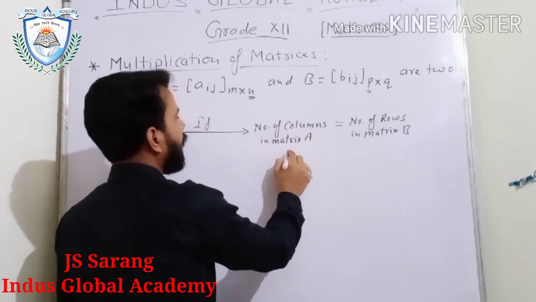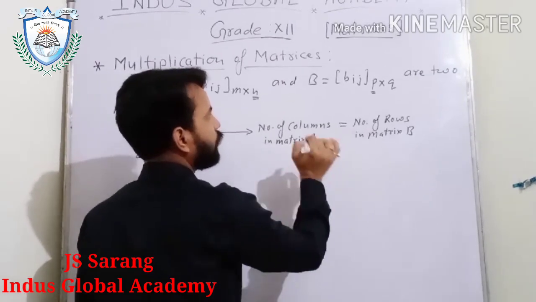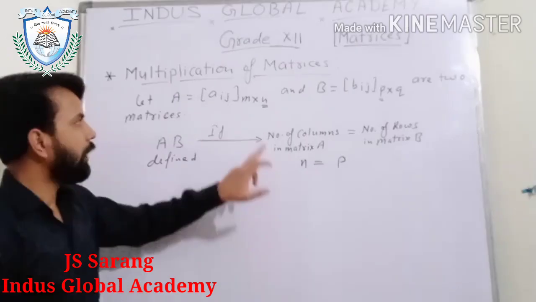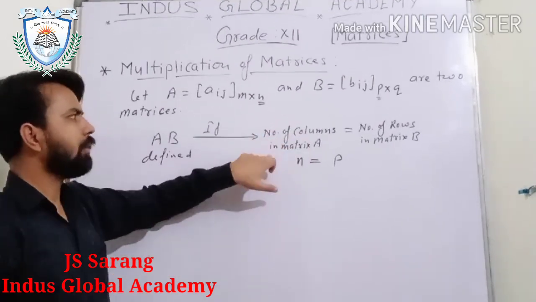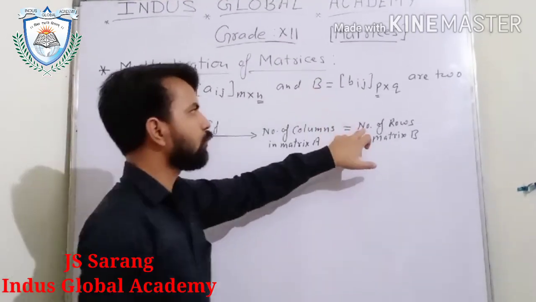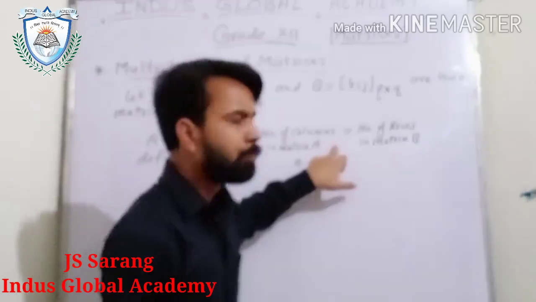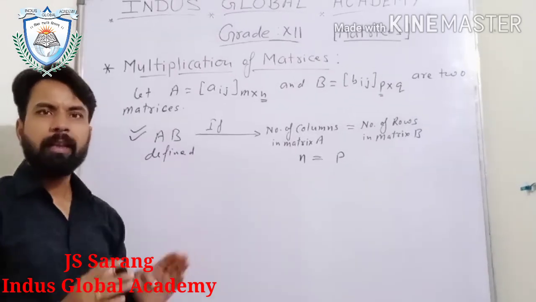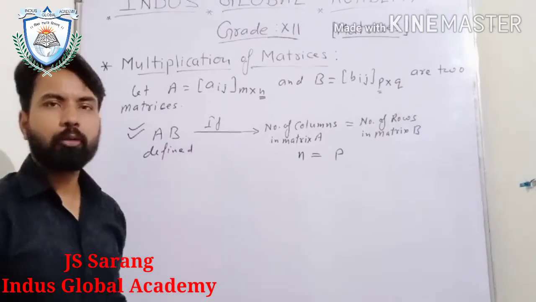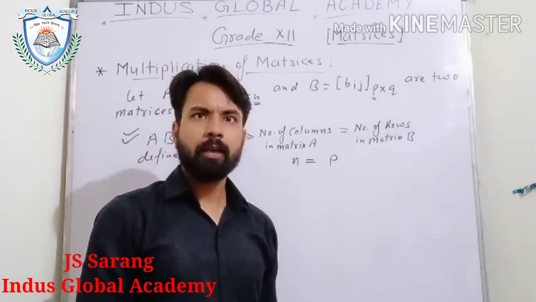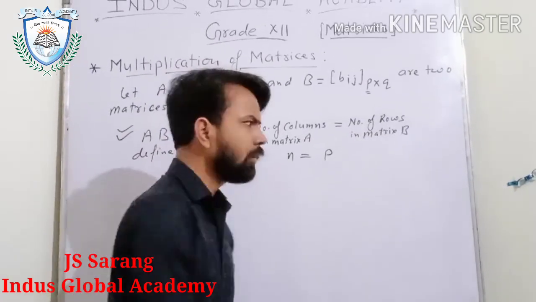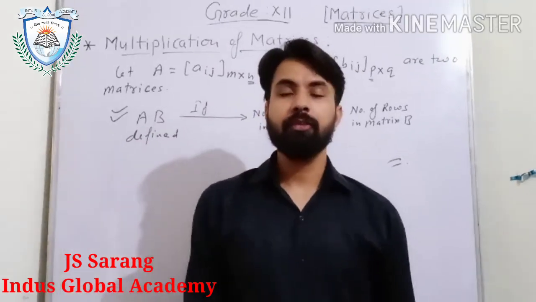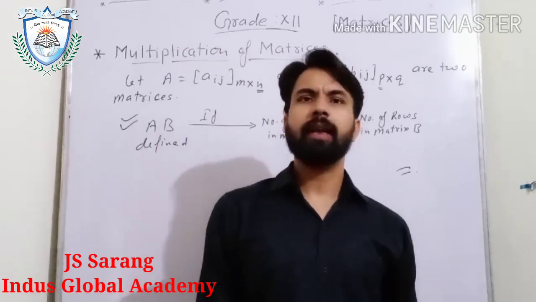That means n must be equal to p. So whenever the number of columns in matrix A and the number of rows in matrix B are equal, only then the product of these two matrices will be defined. Then only the product is possible. Hope you are getting this. Understood?